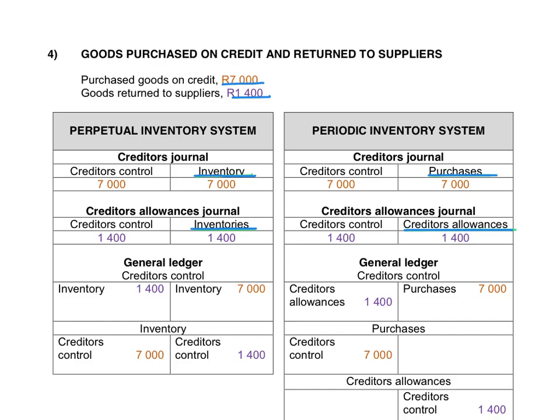Because we don't use the inventory account in the periodic system, we will create an expense for purchases of 7,000, and we will show that the expense for purchases decreases in the creditors allowances account.